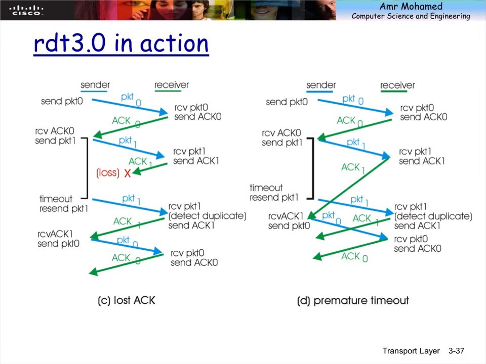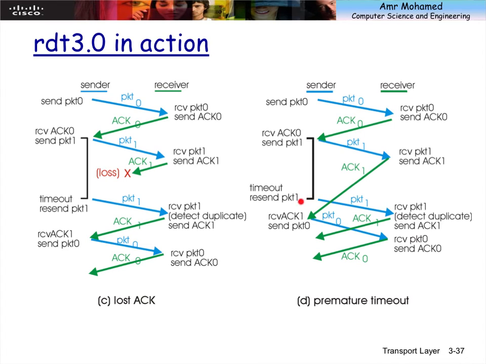Again, it's solved. But what's the problem here? There's nothing wrong. The protocol will work just fine. But the only cost here is what? Waste of bandwidth, right? Because I'm sending packet 1 twice.